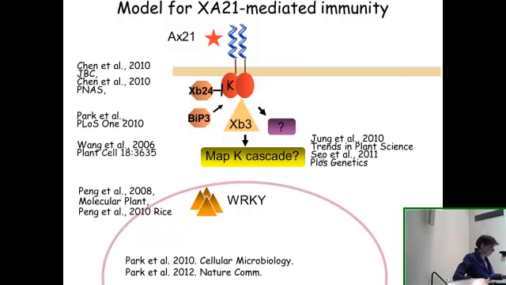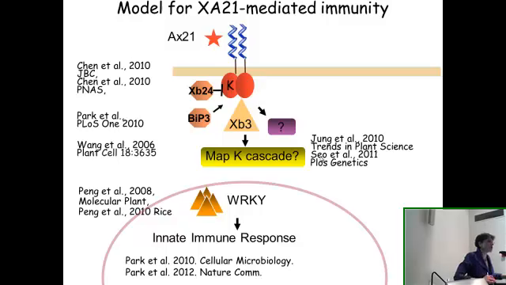Now, Chang-Jin Park in the lab has recently made an interesting discovery that when AX21 binds XA21, the XA21 is cleaved, and the kinase domain moves into the nucleus and binds to these WRKY transcription factors. And we're very interested in following up on this. There are reports that IRAK1 also binds NF-kappa B elements in the nucleus.